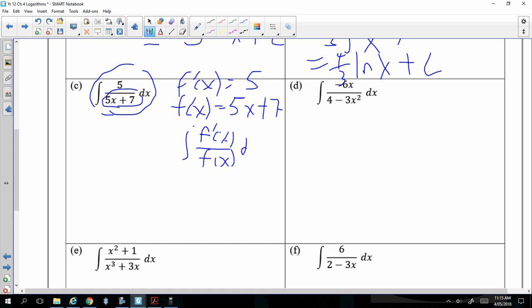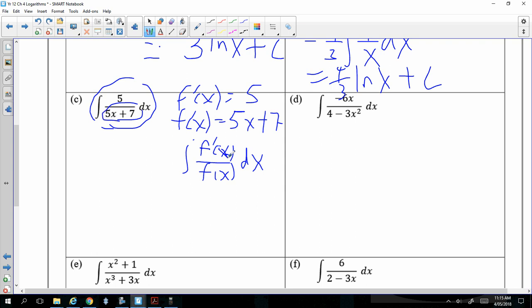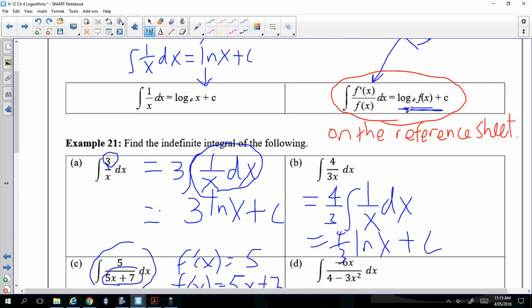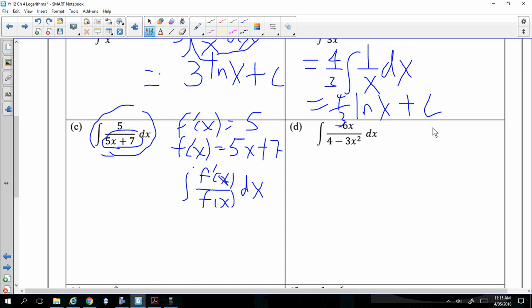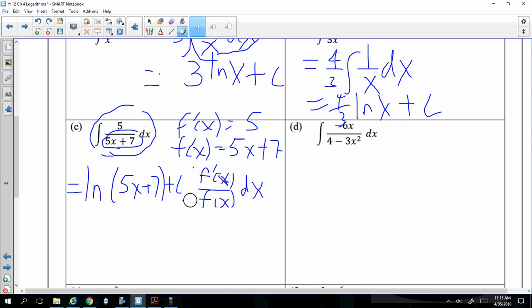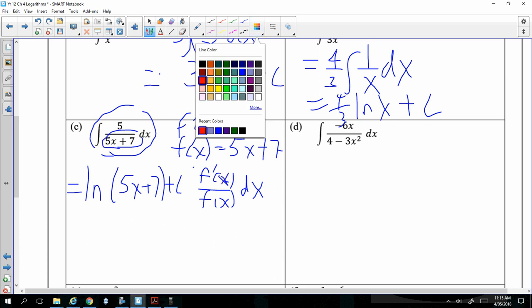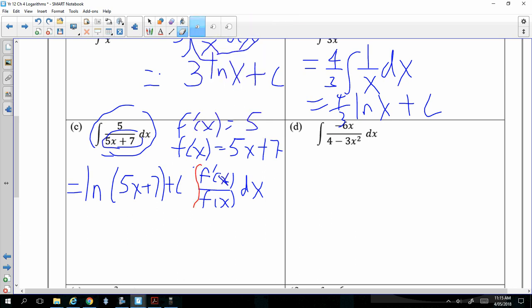And when you have f dash over f x, the formula becomes log. So you just write ln of 5x plus 7 plus c. Like that. All right, good. Any question? So when you see the fraction of the form derivative over itself, it is ln of the denominator.